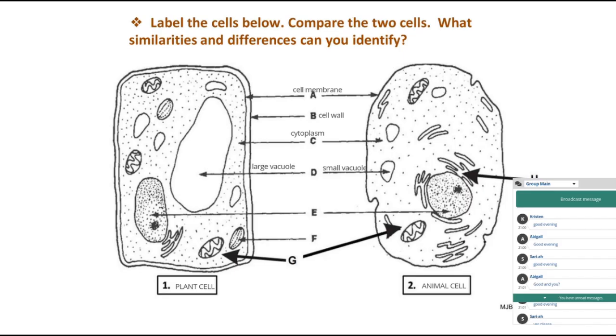The large one, which is found in the plant cell, is the one storing the water, because plants need extra water to store since they can't go and look for water like an animal can. The animal cell doesn't need such large vacuoles because it has the ability to get up and move and search for water. But plants can't do that, so plant cells need that large storage of water. The small vacuole is really just storing waste temporarily and getting ready for it to be removed from the cell.